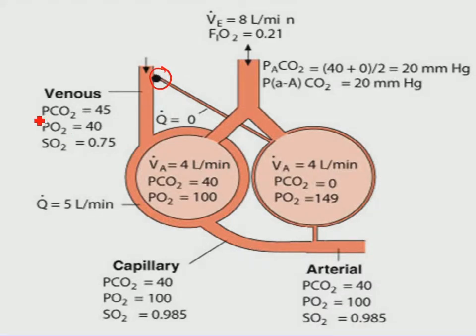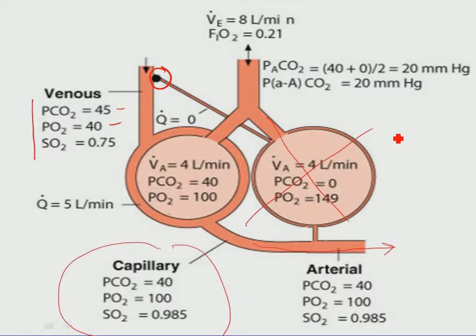Here I have my venous blood coming back. PCO2 of 45, PO2 of 40, saturation of 75. Some of it's going to a functioning alveolus. Some of it's blocked. It can't get to that other alveolus. So what I end up having is basically my end capillary values just passing on through. This alveolus has no participation because there's no blood flow to it.